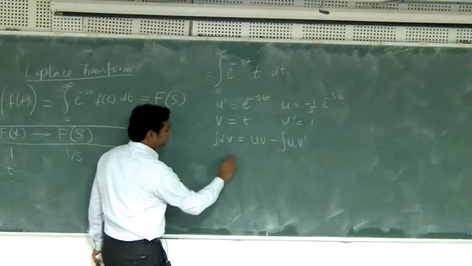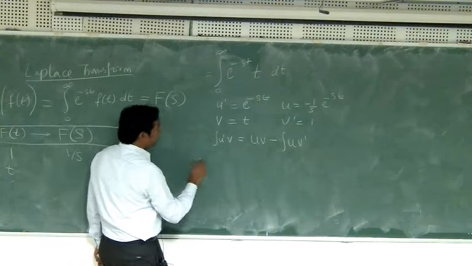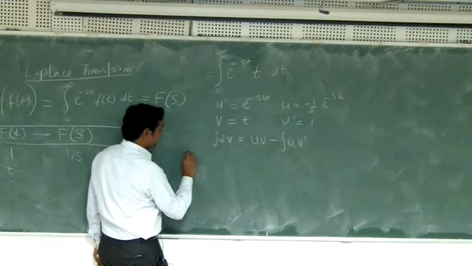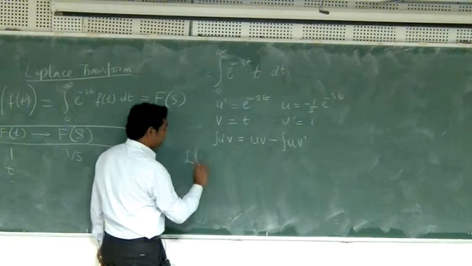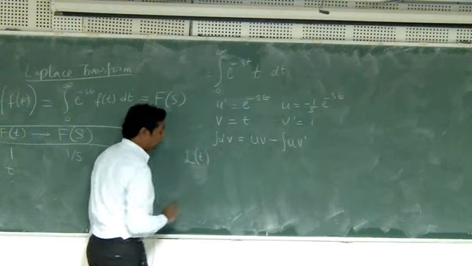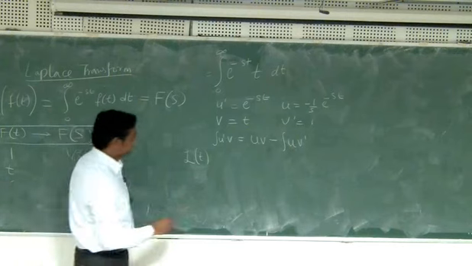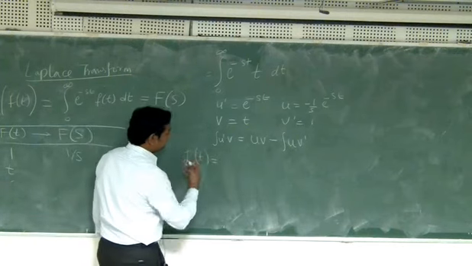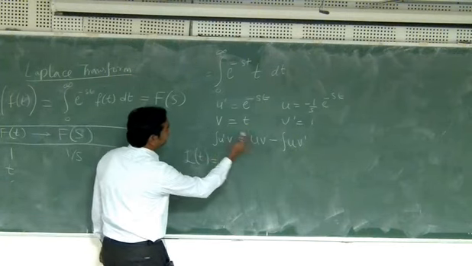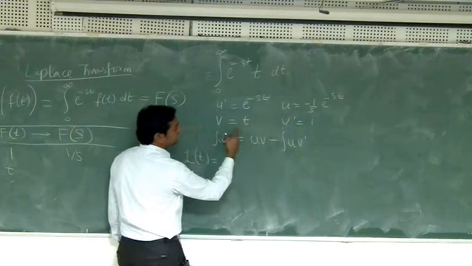So what is that? I am writing the Laplace transform of t, so f of t equal to t itself. Just a notation: u into v means this into this.